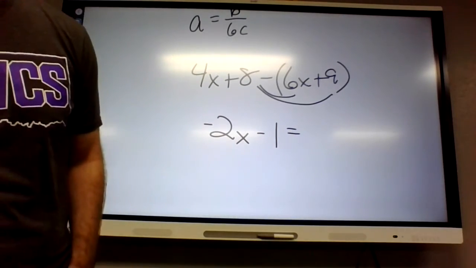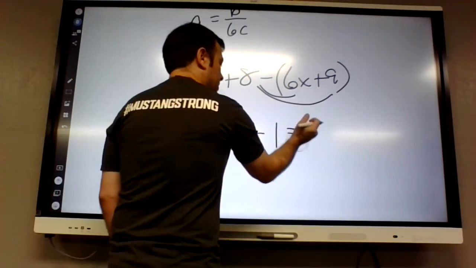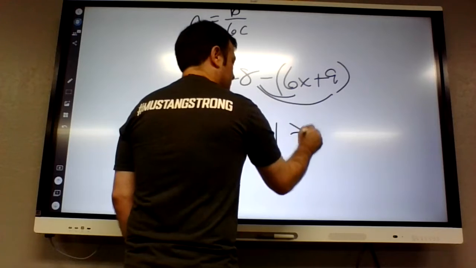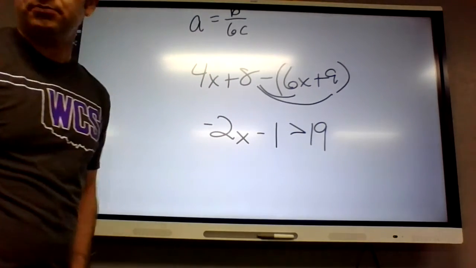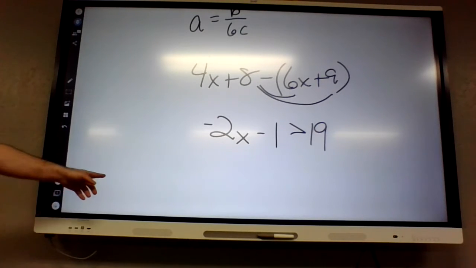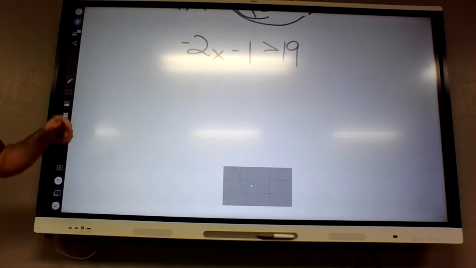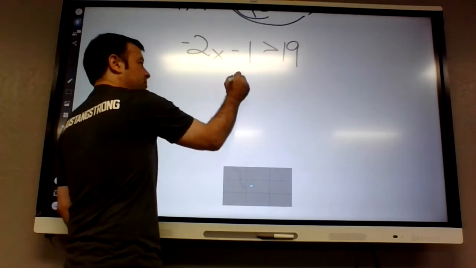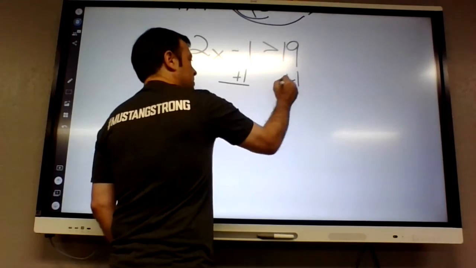And on the right side, oops, not equals, it's greater than 19. This section does say graph your answer, so we're going to do that. Now we got a normal problem. Just going to do the normal stuff. Plus 1.